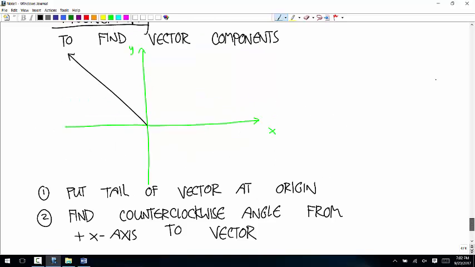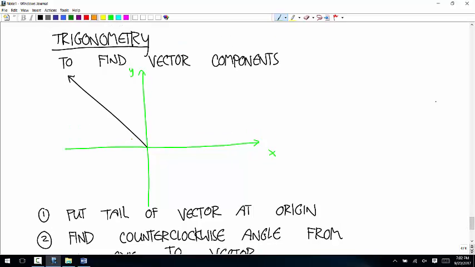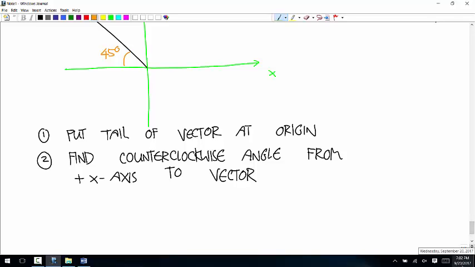So let's say that in our example, we're given that this angle is 45 degrees. And the counterclockwise angle from the positive x-axis to the vector, that's not the 45 degrees. That's the angle from here around to there.